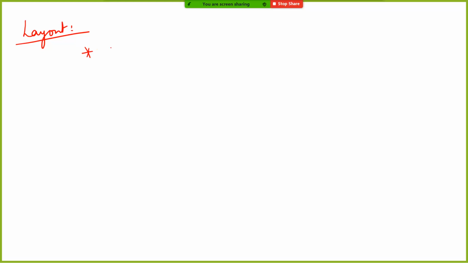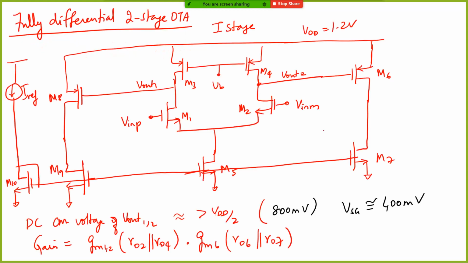First of all, the layout has to be fully symmetric. Okay. When I say symmetric, it is not only that these transistor width and length are the same, or for that matter, the number of fingers, the width per finger, everything is the same. Okay. That is, of course, the first level at the schematic level. Now, even the layout has to be extremely symmetric.